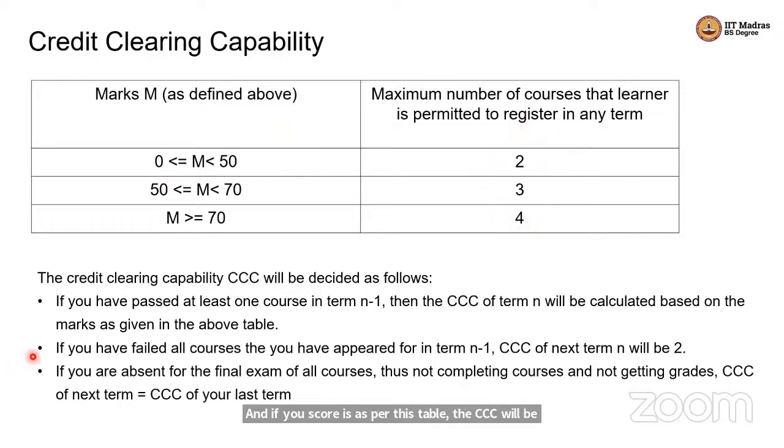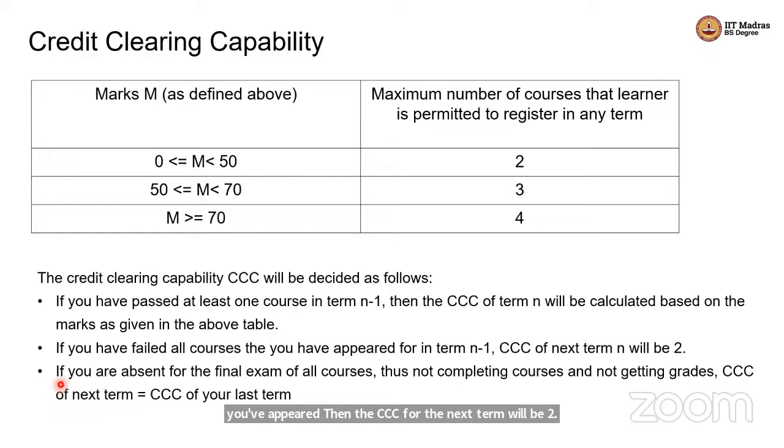Okay, so that's clear. Second point, it says if you have failed in all the courses that you have appeared in term 1, for example, as of now, since we are having only one term, let's say n is 2. Suppose you are going to the next term. If you have failed in all the courses that you have appeared, then the CCC for the next term will be 2. Okay, so that's point 2.